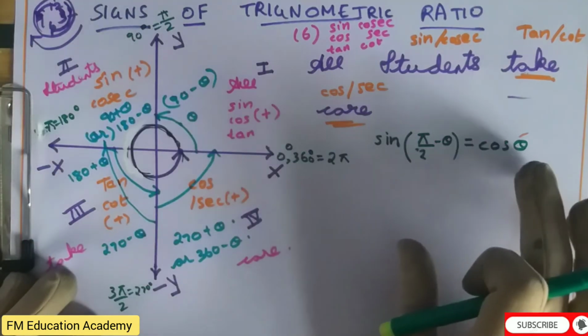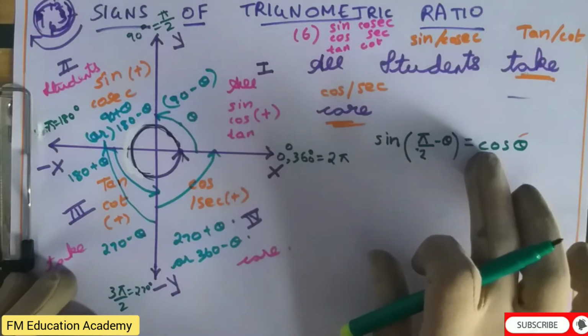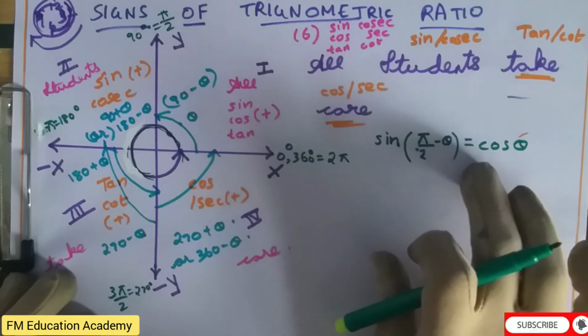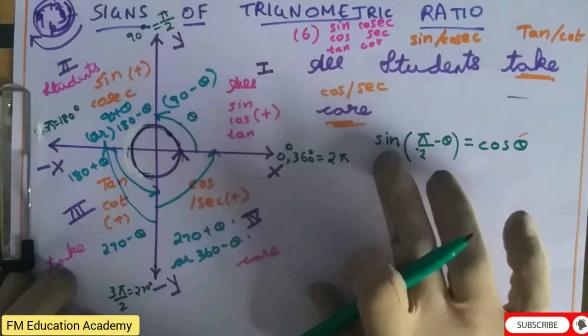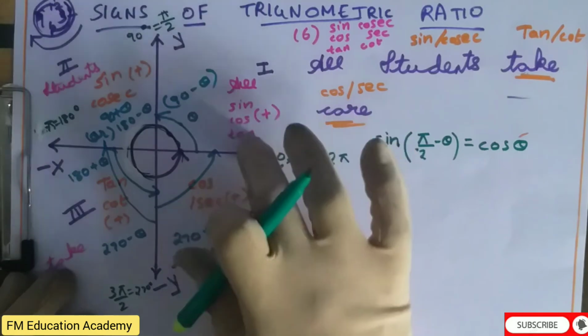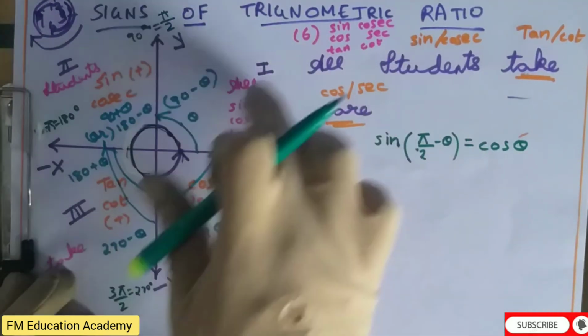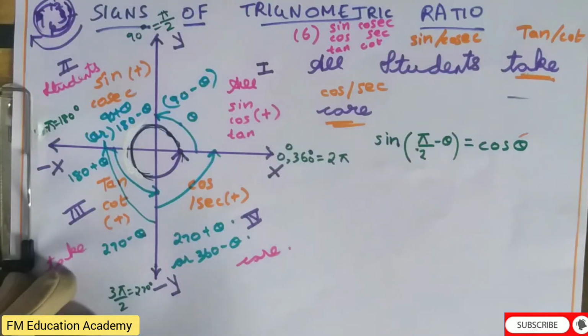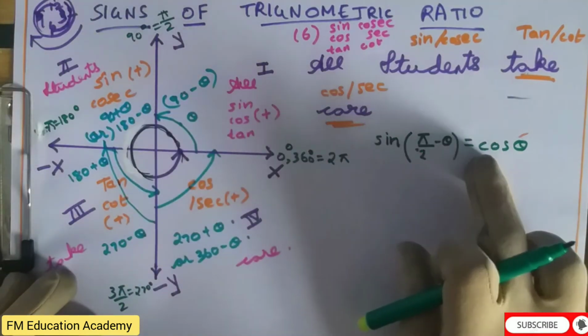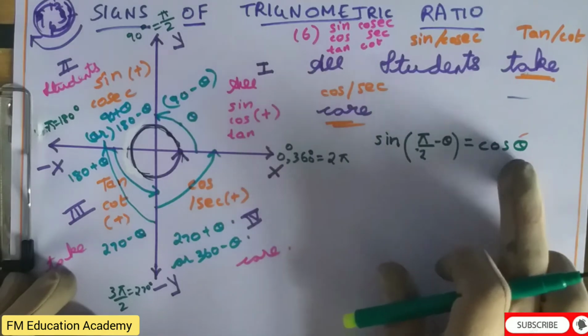So sine 90 minus theta is cos theta. Will it be plus or minus? I think it will be plus. Why? Because sine is positive in the first quadrant. All trigonometric ratios are positive in the first quadrant, and 90 minus theta means it is in the first quadrant. Already we had seen, right? So it is positive only. So this is the answer: sine 90 minus theta is cos theta.